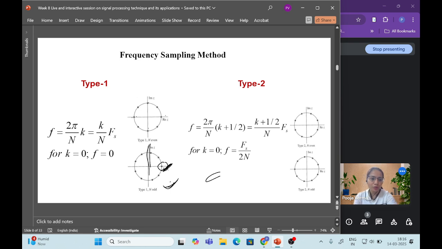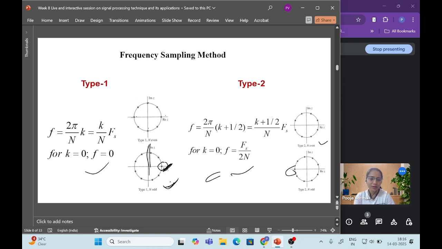Similarly for type 2, if n is even, there is a difference between type 1 and type 2 based on the equation. In type 2 there is one pole on that line, and when n is even, there are no poles on that line. So these are the equations for type 1 and type 2.